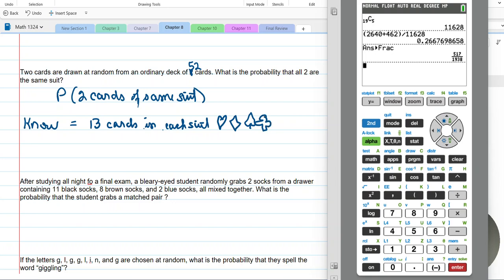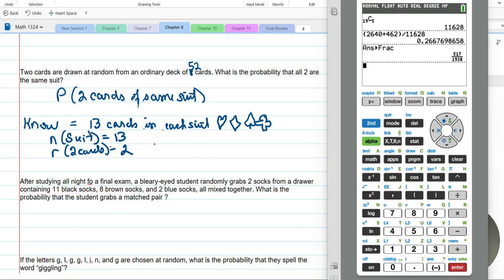All right. So this is our sample space. And our R of 2 cards is 2. All right. So out of that, we can set up our combination because the order is not important.